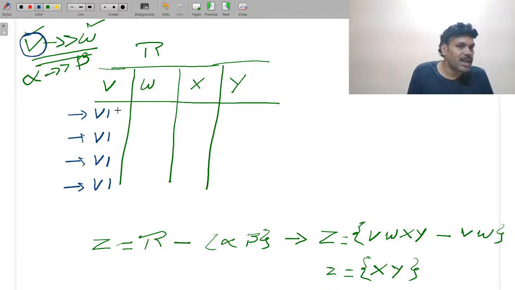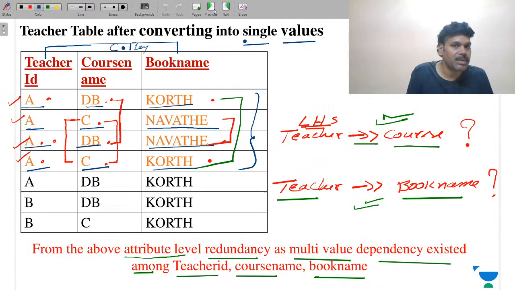I checked V only. LHS side, four tuples are matched. When they are matched, immediately you come to its beta. What is its beta? We know T3 equal to T1, T2 equal to T4. We know the definition. Please look at the definition. What is the definition?